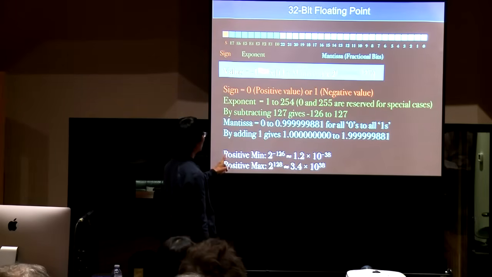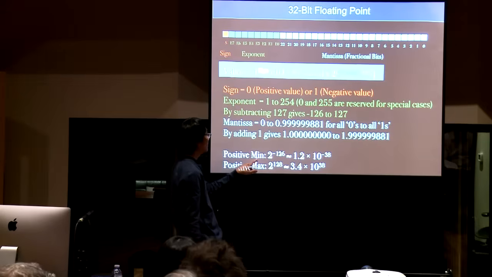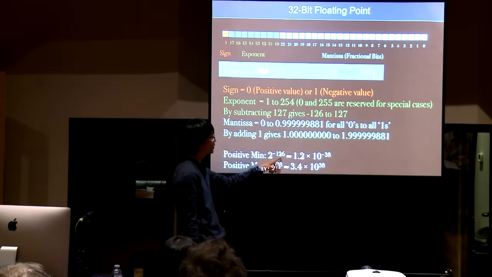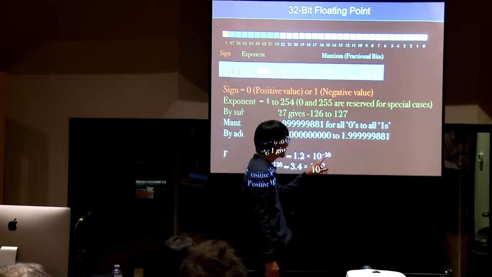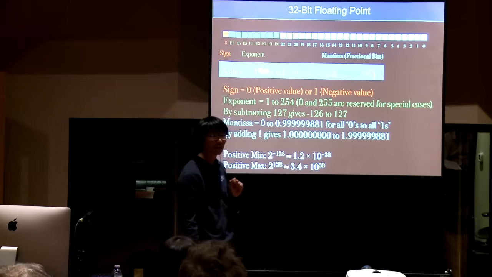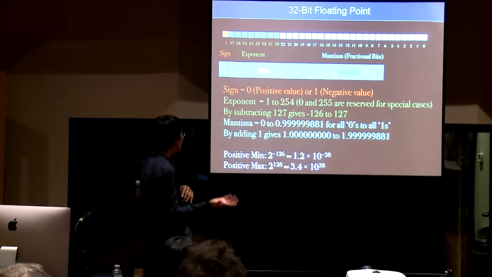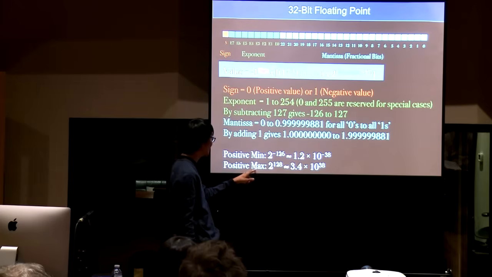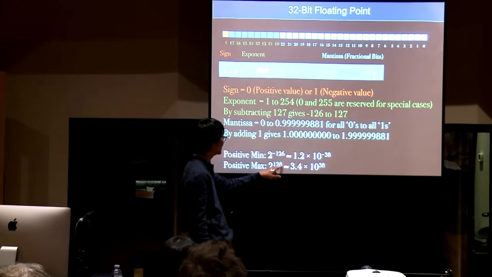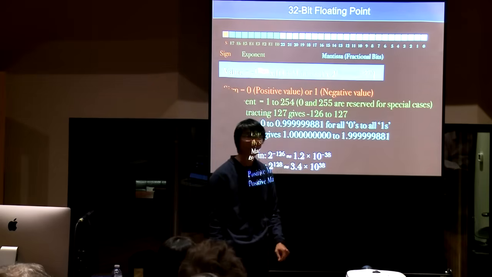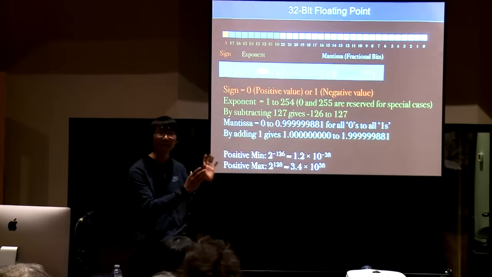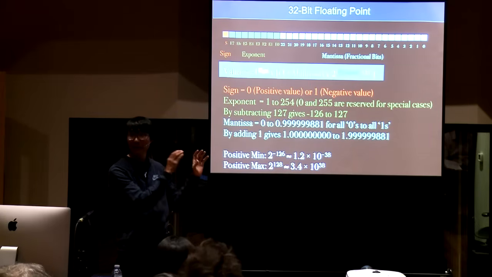And if we do some math, the positive minimum value is 2 to the power of minus 126, which is approximately 1.2 times 10 to the power of negative 38. In contrast, the positive max, 2 to the power of 128, is approximately 3.4 times 10 to the 38. So now do you see the difference between fixed point and floating point?